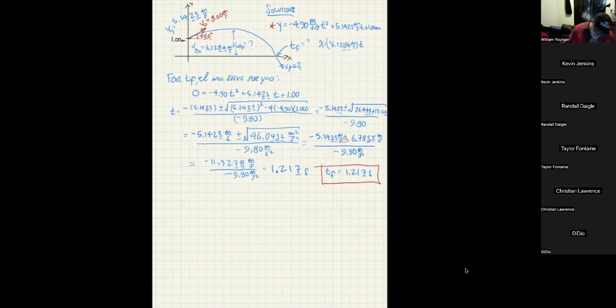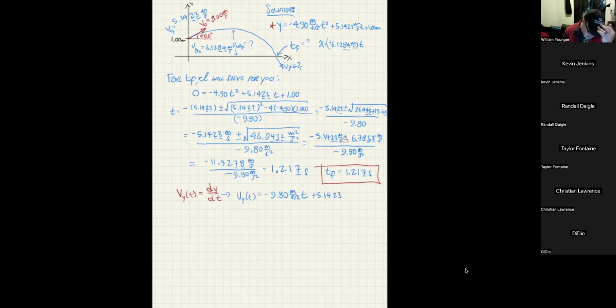Well, if I tried to find velocity in the y direction as a function of time, I'd know that's just dy/dt, right? So if I took that derivative, I would get Vy of t is equal to negative 9.80 meters per second every second times t plus 5.1423.